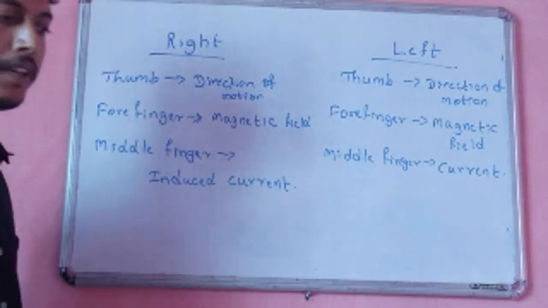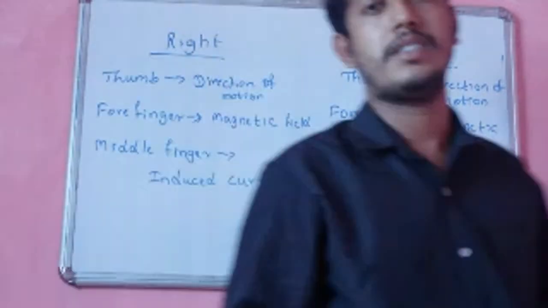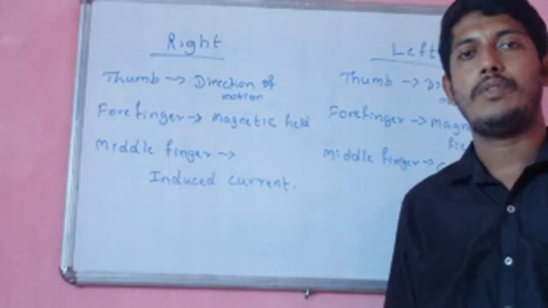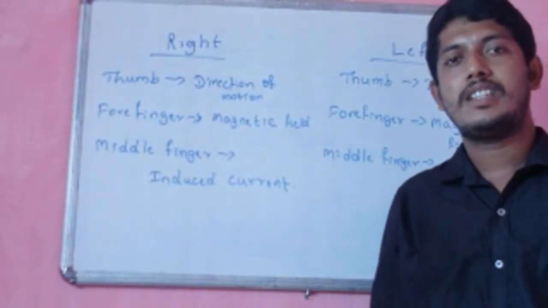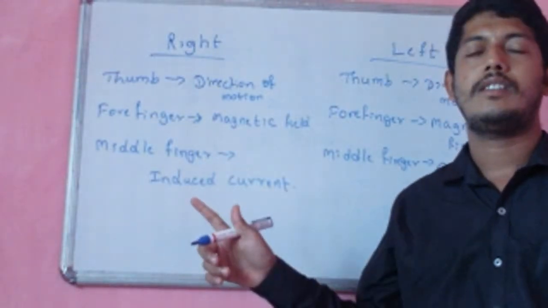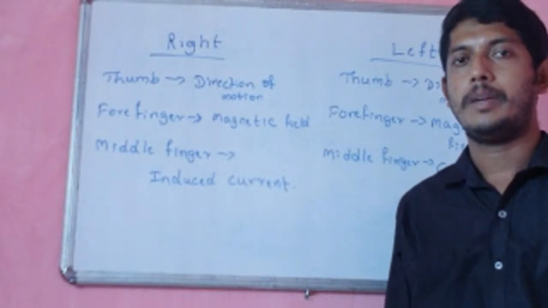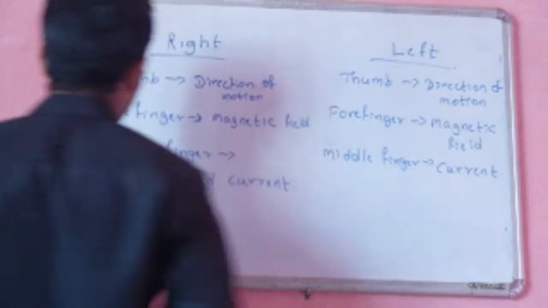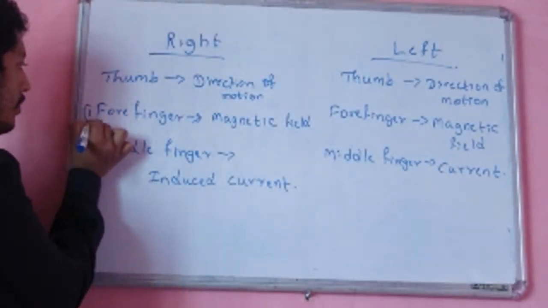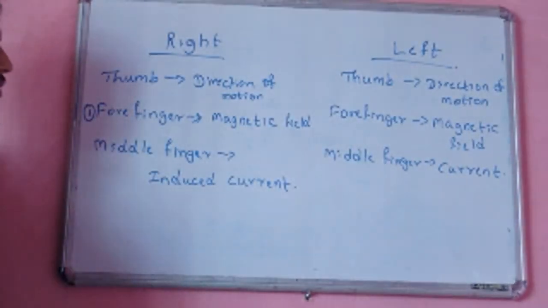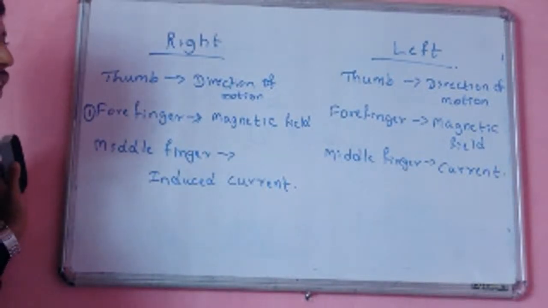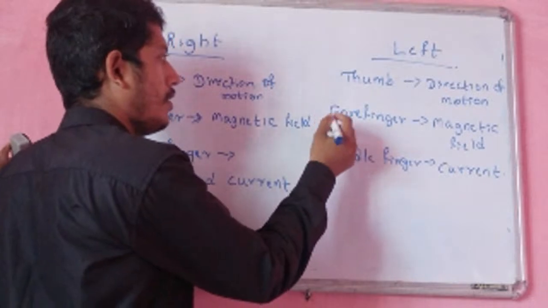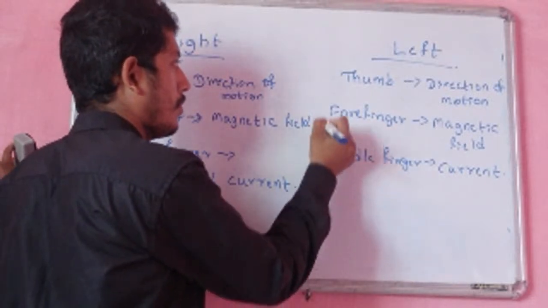So which finger we consider first, which second, and which third is very, very important in this case, because that gives the meaning of Fleming's rule. In Fleming's right hand rule, first we use the forefinger, and in the left hand rule, first also the forefinger.